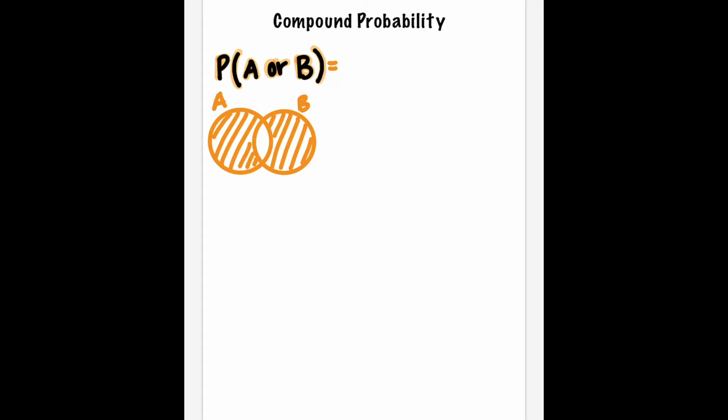So if you look at a Venn diagram, then the center part where they intersect would be the probability of both happening. But with compound probability, A or B, or is the important word there, we're looking at the probability of A, the probability of B, but not both.